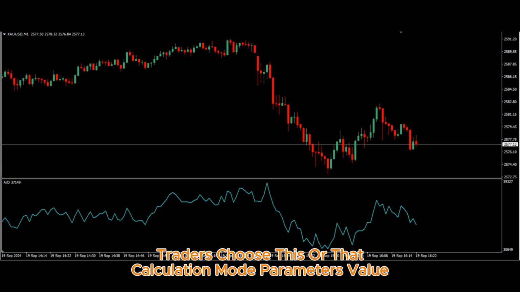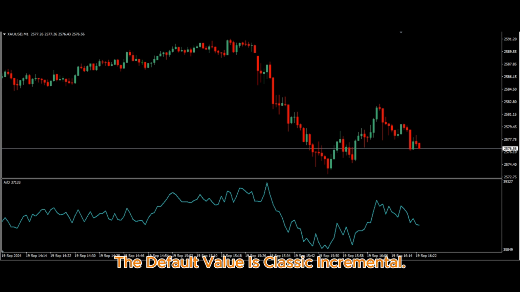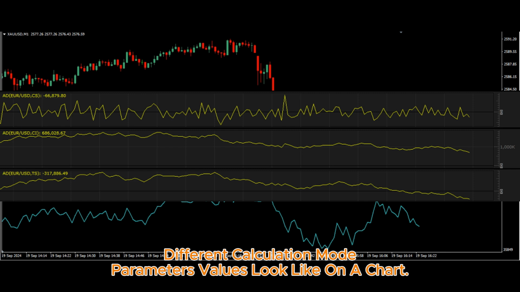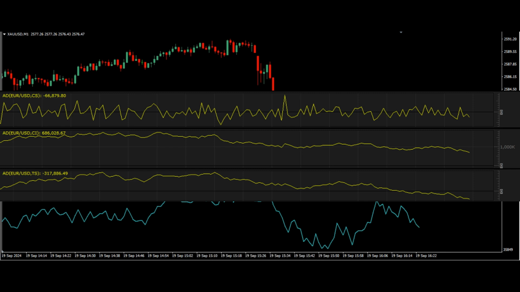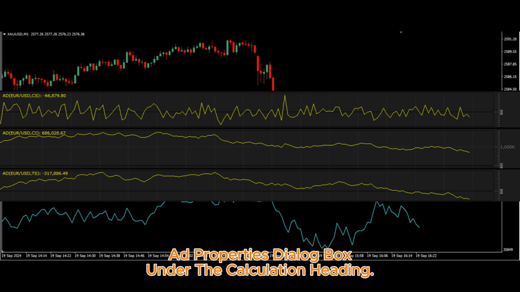Traders choose this or that calculation mode parameter value in accordance with the way they plan to use the oscillator. The default value is classic incremental. On the following picture, you can see how oscillators of different calculation mode parameter values look on a chart. The parameter is available on the Parameters tab of the AD Properties dialog box under the Calculation heading.